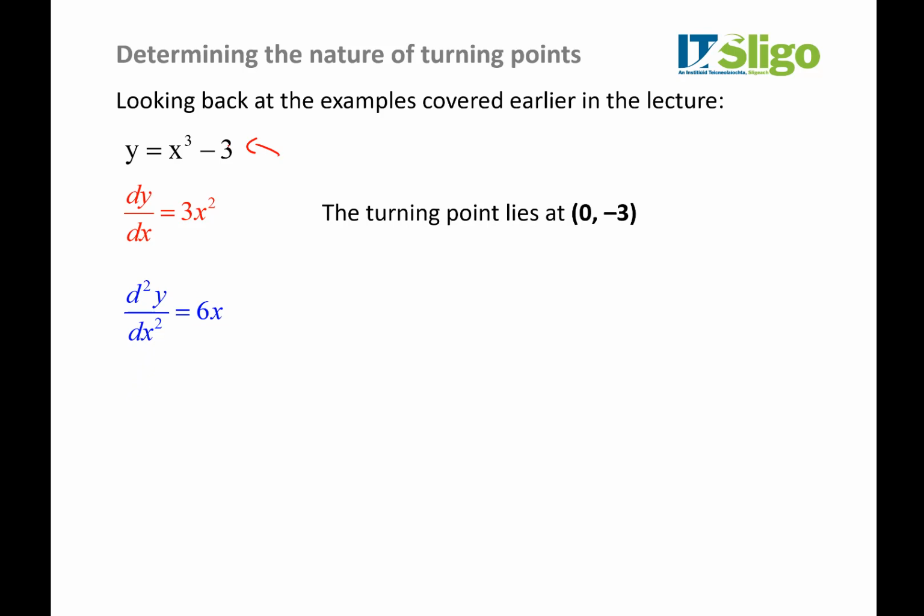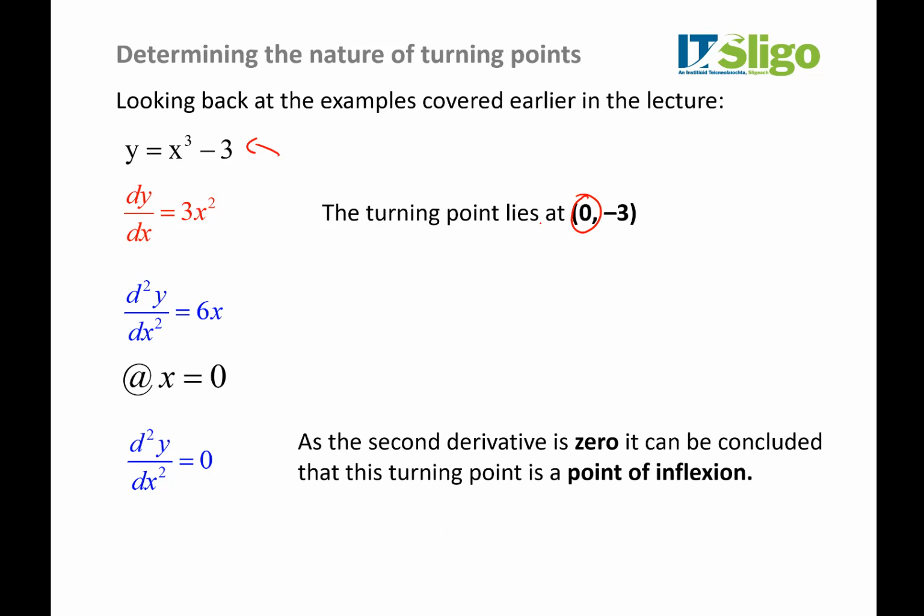Now we can't say this is positive or negative at the moment, guys, because it depends on what x is. But we know we're interested in this turning point when x is 0. My second derivative is 0. So remember, it's neither positive nor negative. When the second derivative is 0, our turning point is a point of inflection.